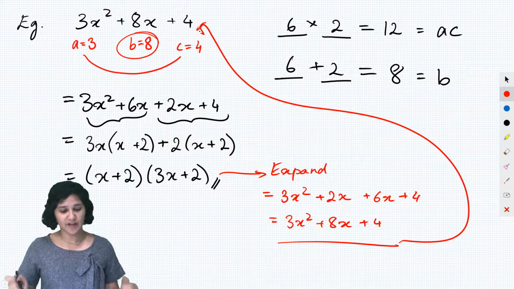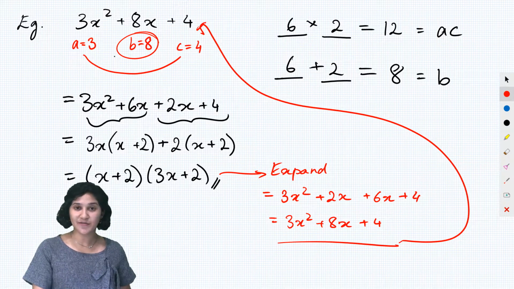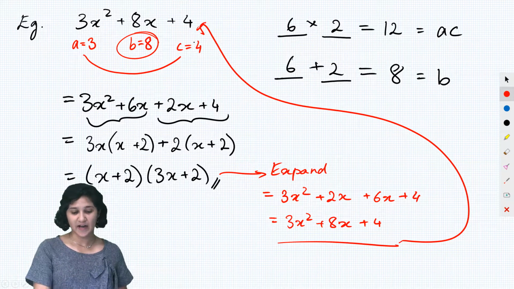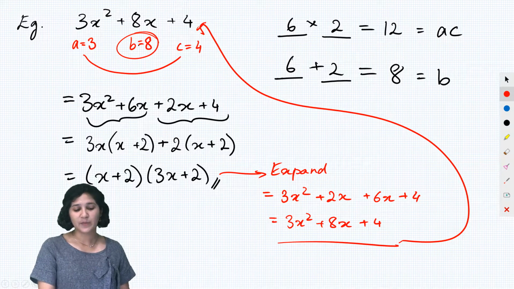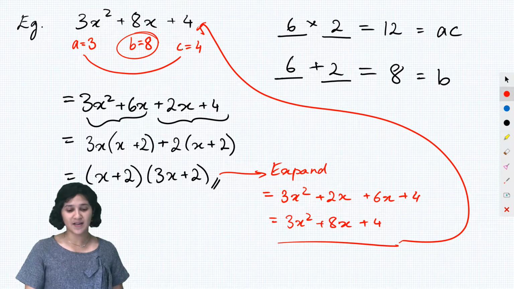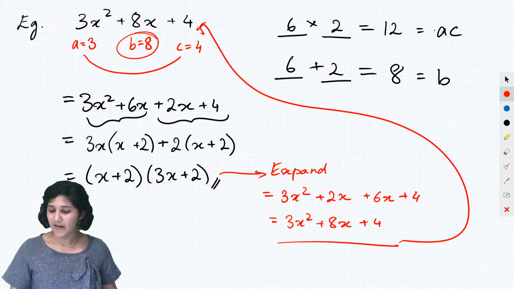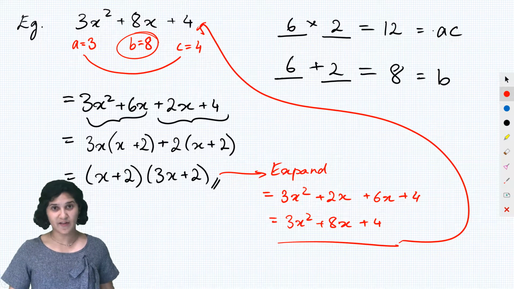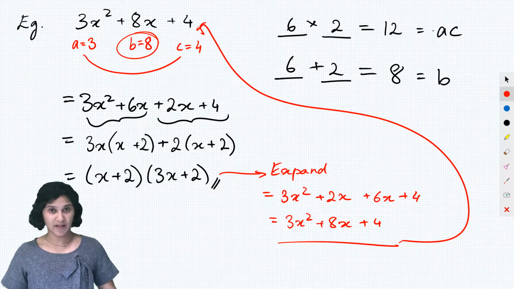So just to go over it again, we start by identifying our terms, our a, b, and c. Then we find the product of a and c, and we find two numbers that multiply to give ac and add to give b.